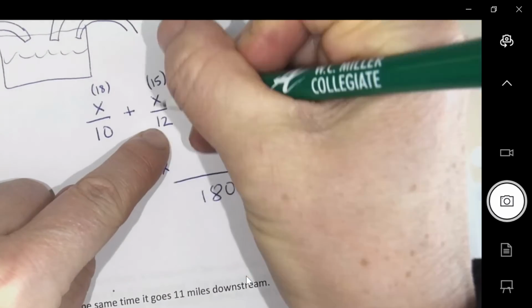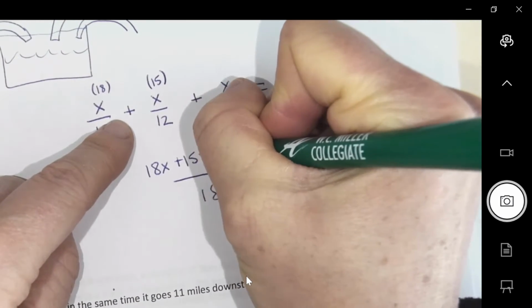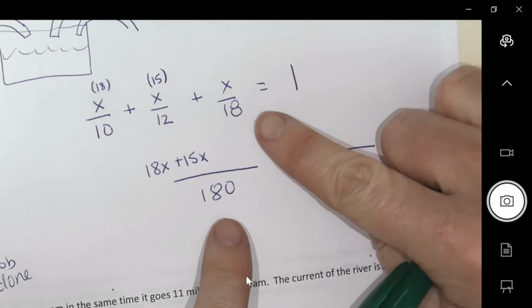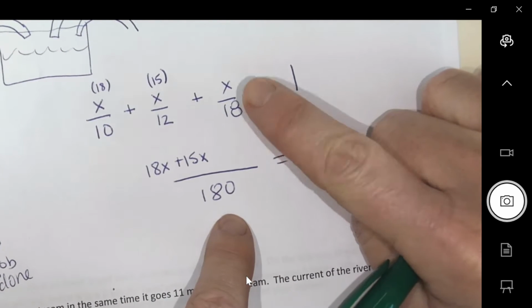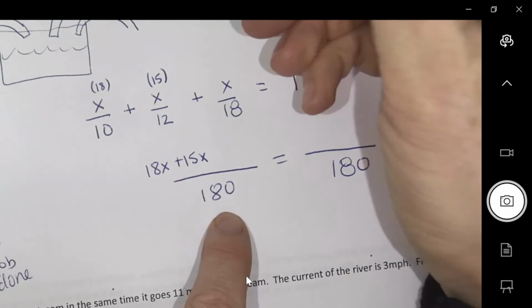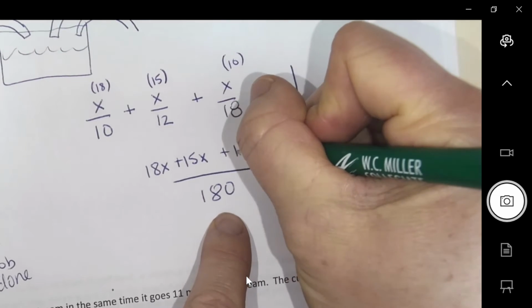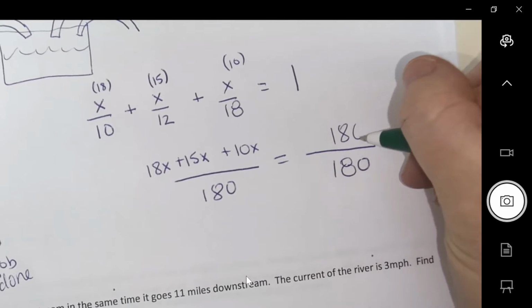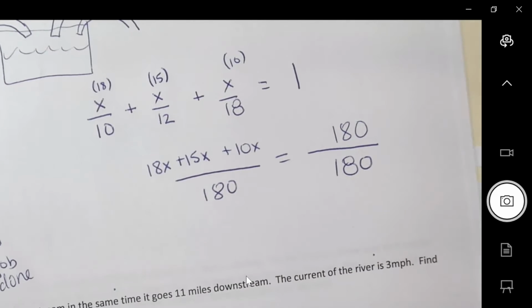So timesing the top makes 15x. How are we turning an 18 into a 180? 10, making a 10x. How do we think of writing the number 1? The same thing over the same thing. Whatever you have, right?